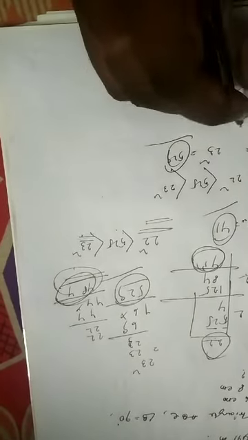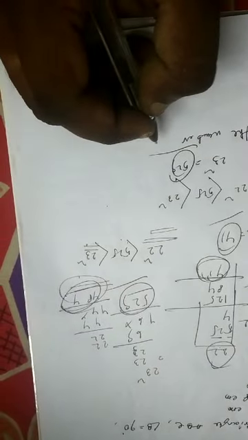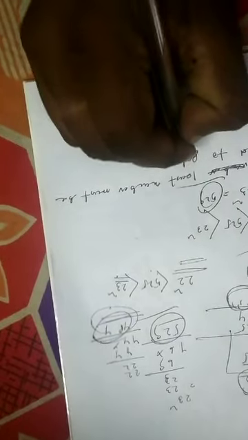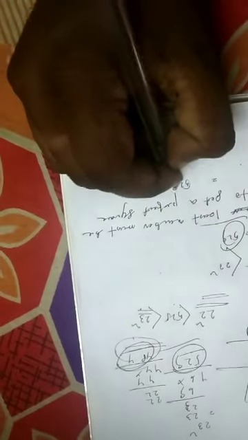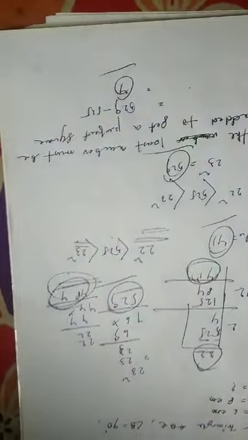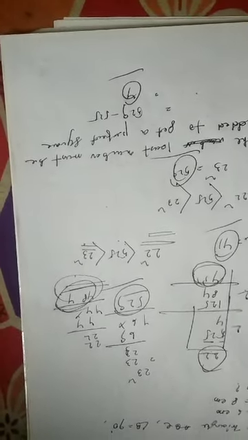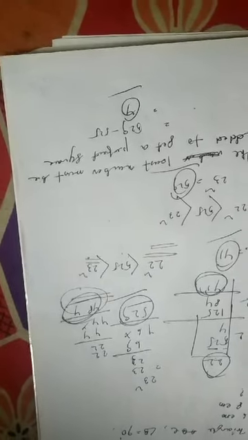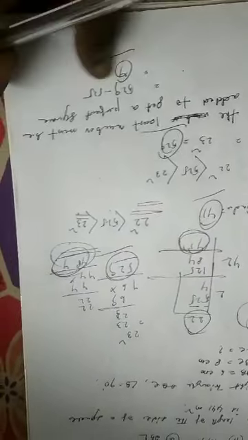The answer is therefore: the least number that must be added to get a perfect square is equal to 529 minus 525, that is 4. 4 is the answer. 4 is to be added with 525 in order to get a perfect square, which is 529. Next number is 1750. Let us try.